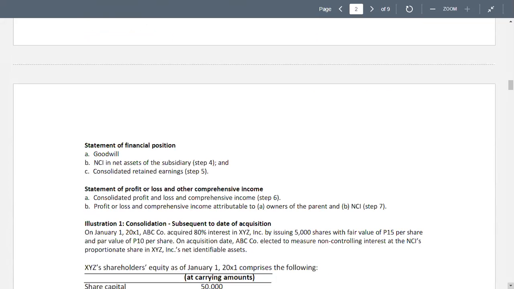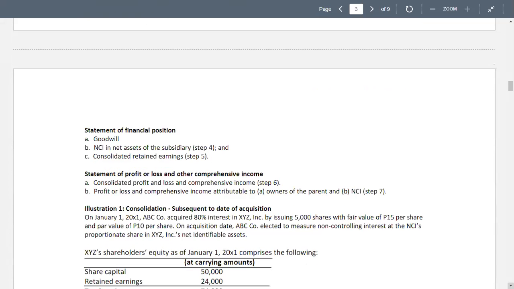So the statement of financial position involving goodwill, NCI, and net assets of the subsidiary, that's step number 4, and consolidated retained earnings. Okay, we have the statement of profit or loss and other comprehensive income. And we have profit or loss and comprehensive income. So we now get the amounts attributable to owners and to NCI.